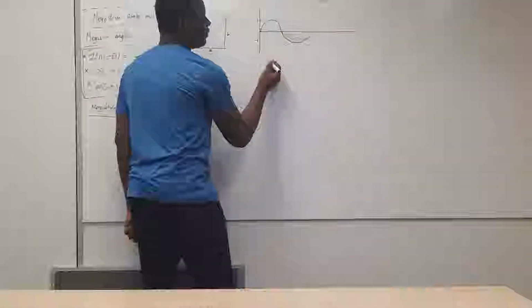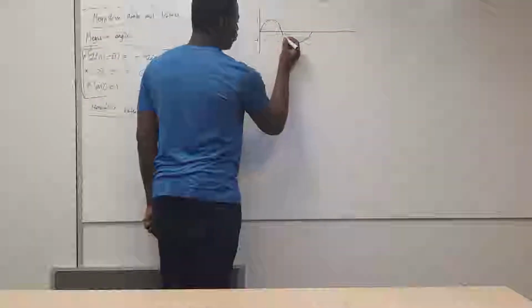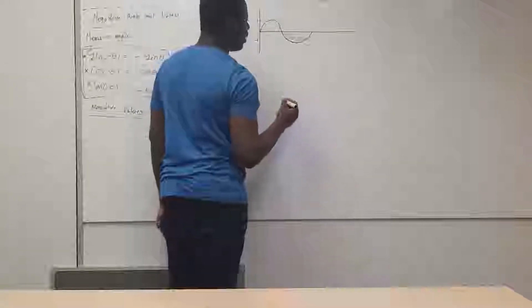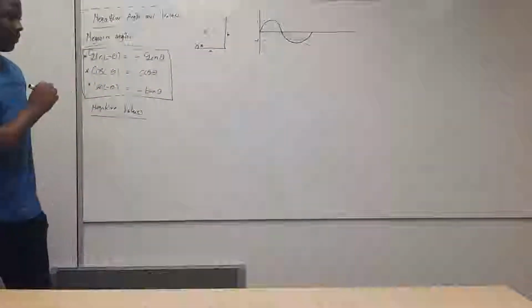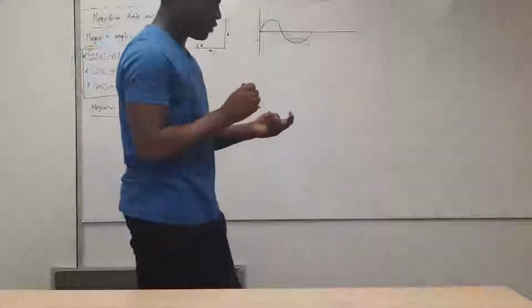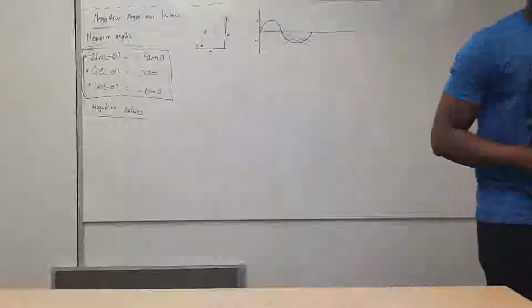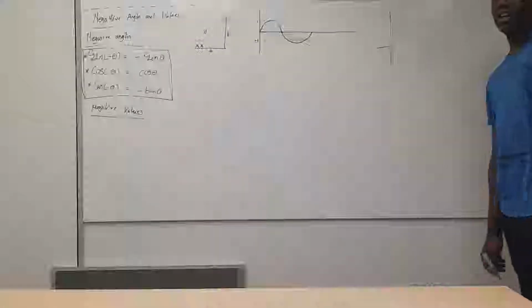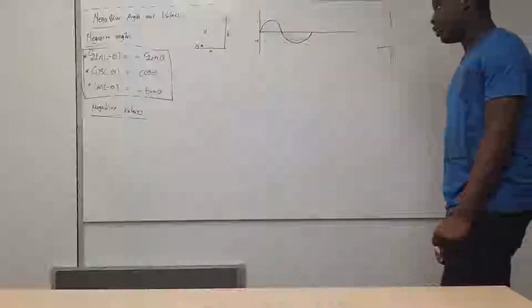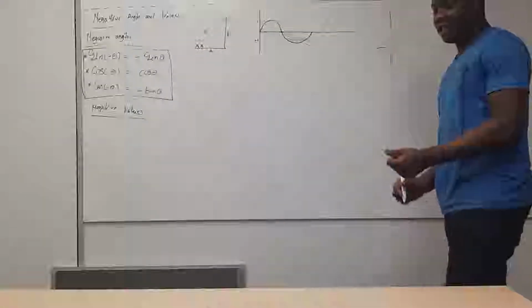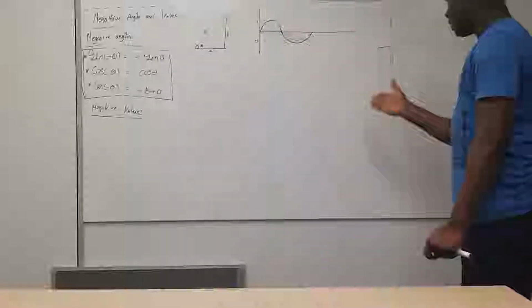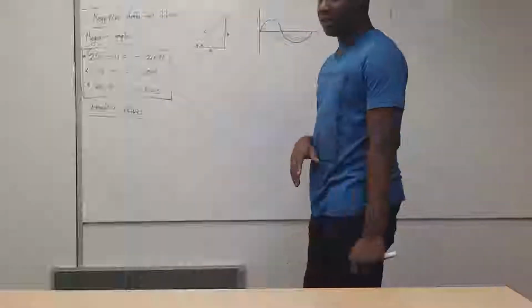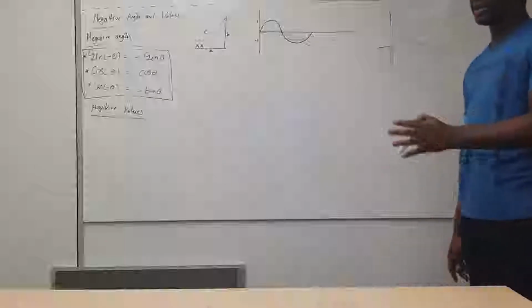So let's say we want to define, before I make that statement, I want you to understand something about algebra. If we have any xy plane, normally the independent variable is going to be the x-axis, and the dependent variable is going to be the y-axis.